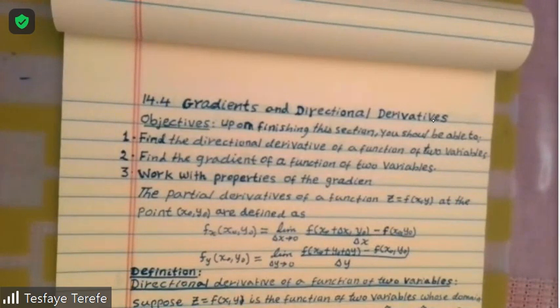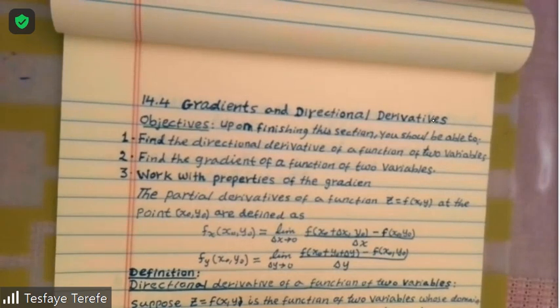So the directional derivative of a function of two variables is defined like this. Suppose z equals f of x, y is a function of two variables whose domain is D, and x sub 0, y sub 0 is an interior point of D. If it is an interior point of D, then we can really talk about directional derivative.